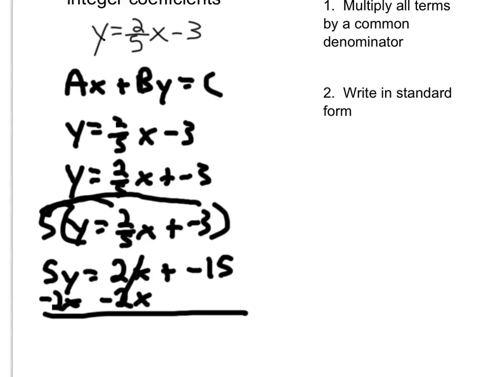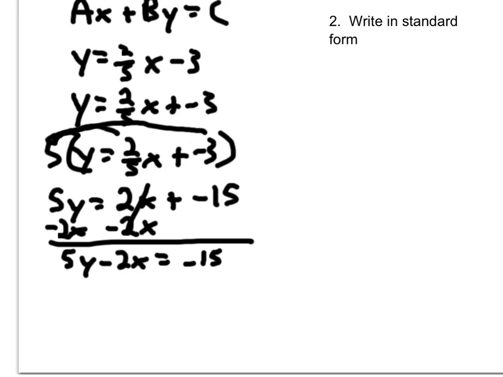That's going to cancel them out over here and leave me with 5y minus 2x equals negative 15. Of course, we changed subtraction to addition, so it's 5y plus negative 2x equals negative 15.